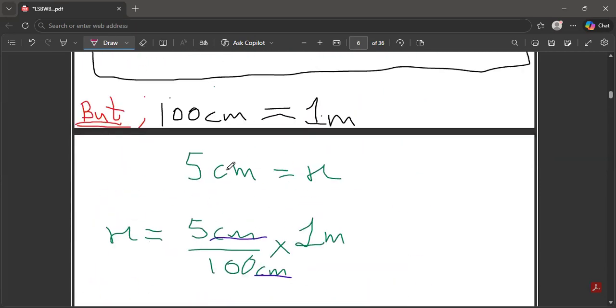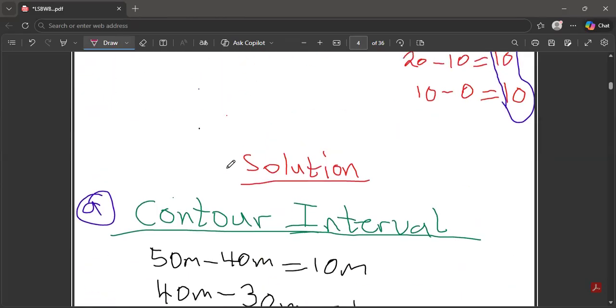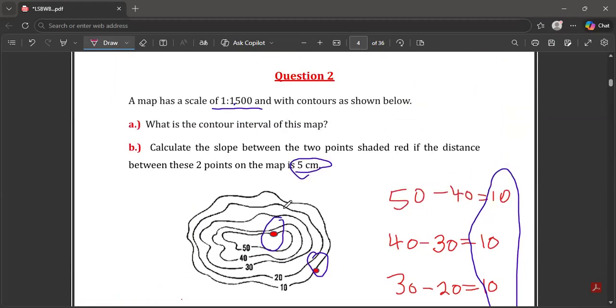Because if you come to the question and you study the drawing, you see the difference between the 2 points. The 2 points that we used to calculate gave, at the end of the day, the run, that is the horizontal distance.